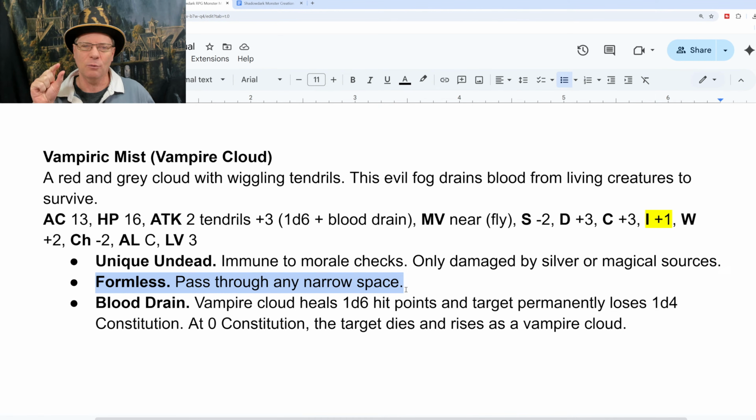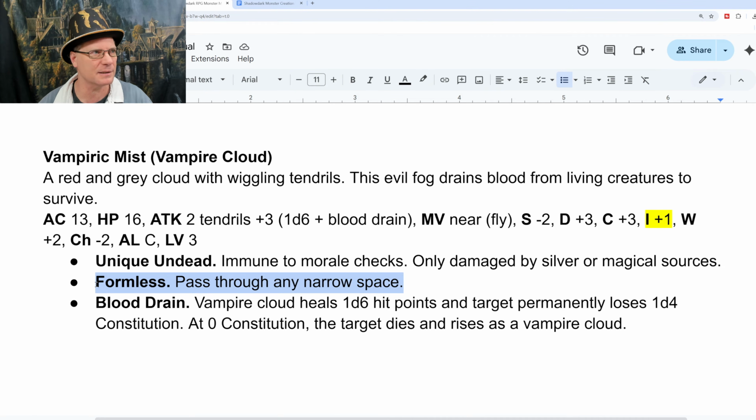All right, there's no 1 inch space or half an inch space or 1 foot spaces. Couldn't care less. That's not important in Shadowdark, and it's all about as long as there's a space, they can move through it. That's all it needs to be. And this allows them to escape and to move through and be obviously a threat to somebody, move through a keyhole or whatever. So I put in Formless.